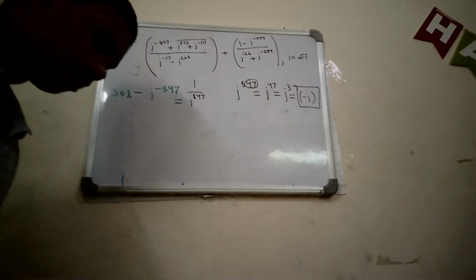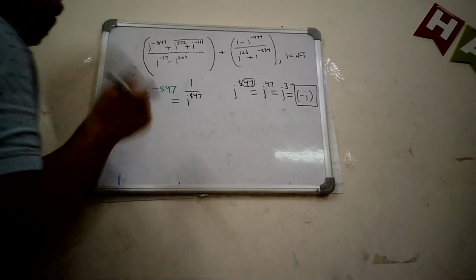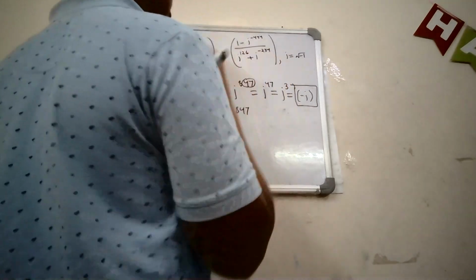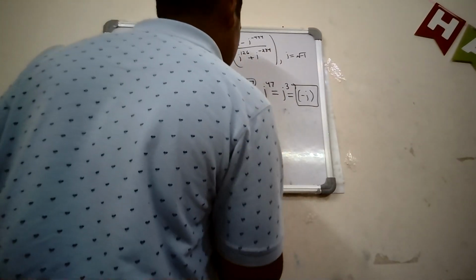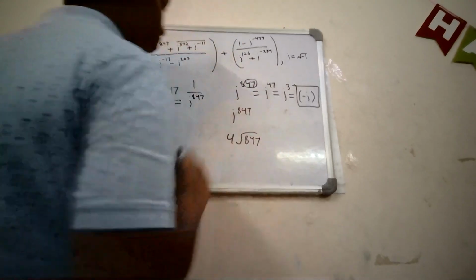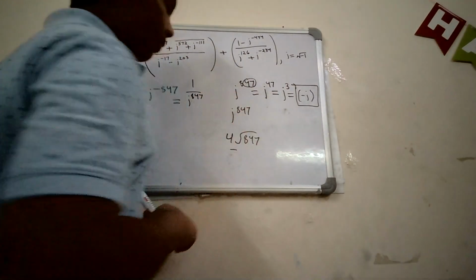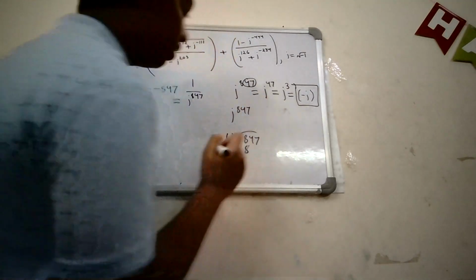Before moving on, let's do a quick verification. Let's see if i to the 47 is equal to this. Let's divide the power by 4 and see what it simplifies to. Let's start off small. Oh look, there's something cool.